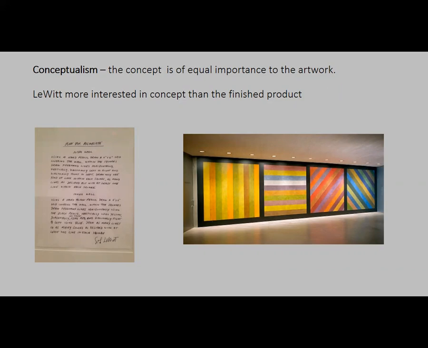So LeWitt starts thinking, well, the concept is equal in importance to the actual execution of the artwork itself. So what he starts doing is writing up plans for what he wants a mural to look like. And then he hands that plan over to other people, in this case, people that work in a museum, to execute, to actually paint the mural.